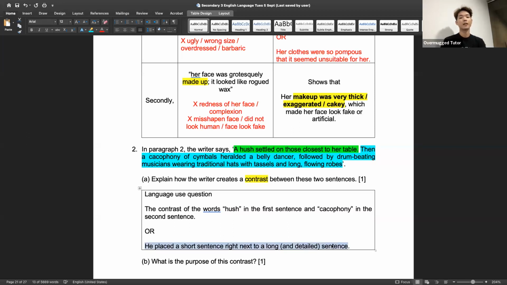Both are accepted regardless of what you write. Okay, this is language use. This is the one that most of the time you'll see in a lot of other papers that you do. If you see a similar question, you know, confirm this is one of the answers also.